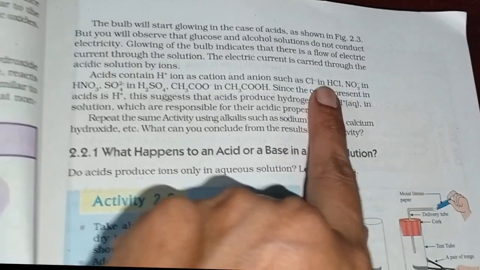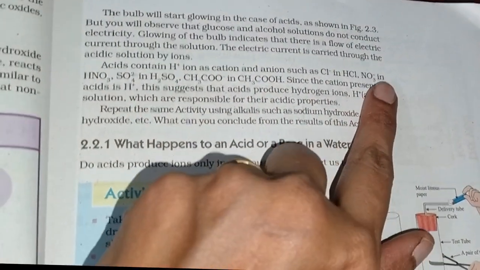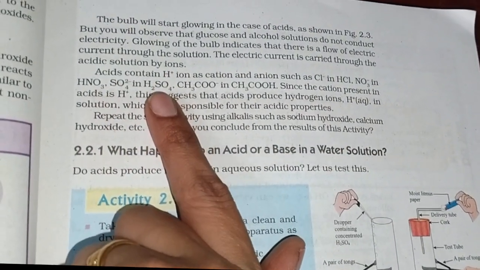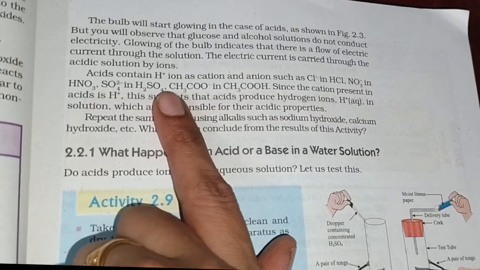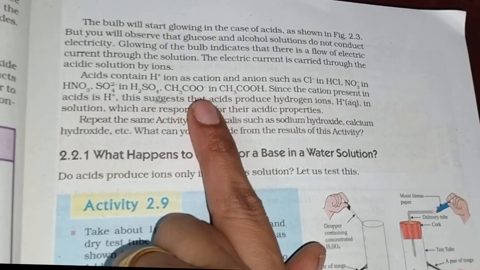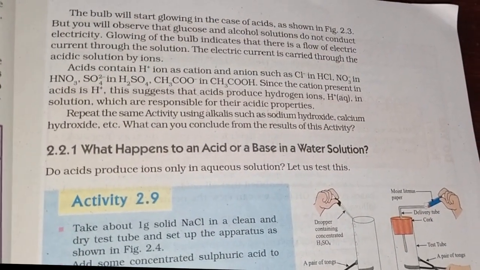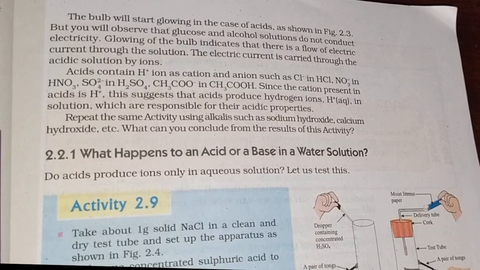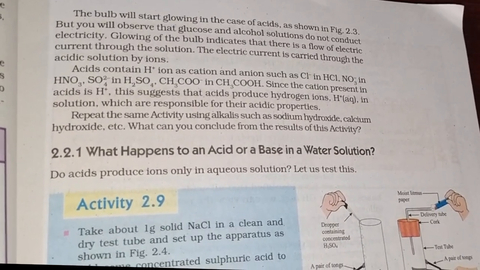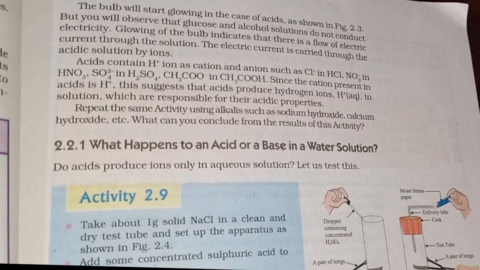In HCl we have H plus and Cl minus; in nitric acid, H plus and NO3 minus; in sulfuric acid, H plus and SO4 2 minus; and in acetic acid, H plus and CH3COO minus. Since the cation present in all acids is H plus, this is common. The H plus hydrogen ions in the solution are responsible for their acidic properties.